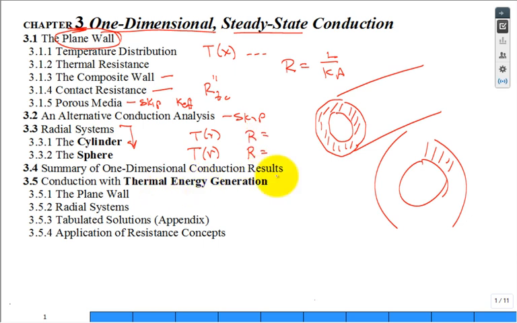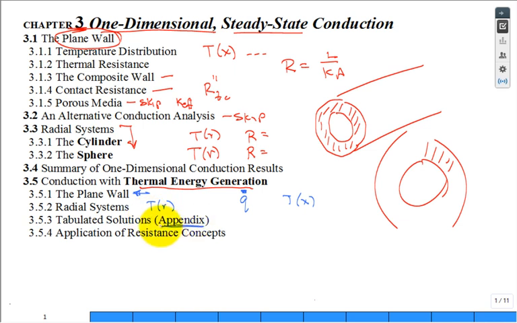Then we're going to talk about when you have heat generation, q dot, and in a wall we get a quadratic or parabolic shape to the temperature as a function of location, T as a function of x. And then we also can solve for temperature as a function of r in a rod, cylindrical, as well as spherical coordinate systems.